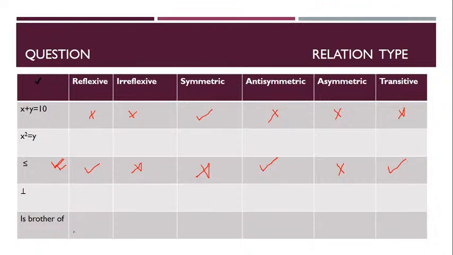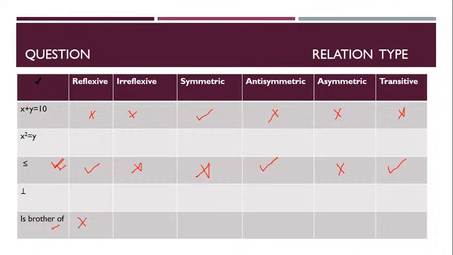Fine. So last one, is brother of. In case of is brother of, the last relation, we'll try to complete it quickly within 1 minute. So is brother of, whether it's a reflexive relation, someone is brother of self. No, it's a meaningless statement. It's not possible. That means self loops are not possible.